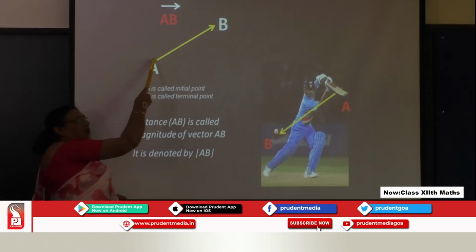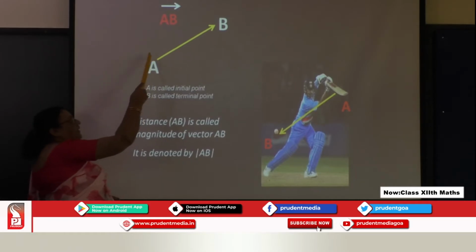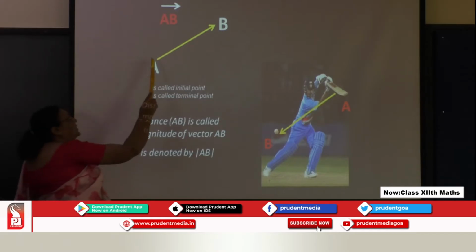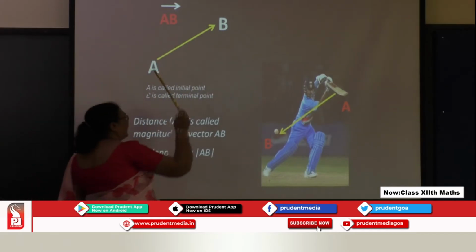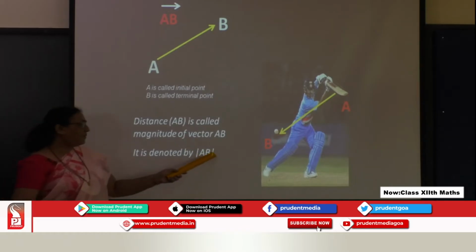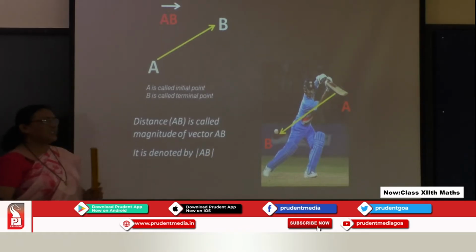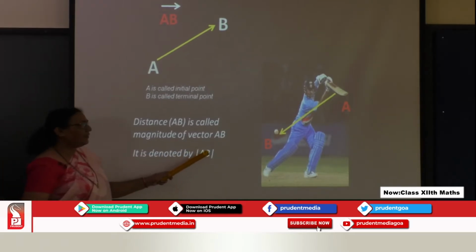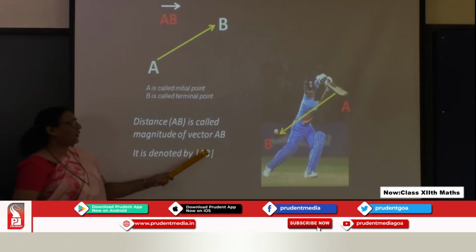This point is called the initial point of a vector, and this point is called the terminal point of a vector. The distance between A and B is called the magnitude of the vector, and it is always denoted by the modulus sign because distance is always positive. Now the vector starts from A and ends at B, so the initial point is A and the terminal point is B.